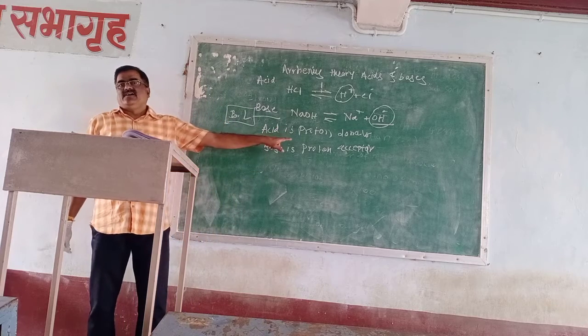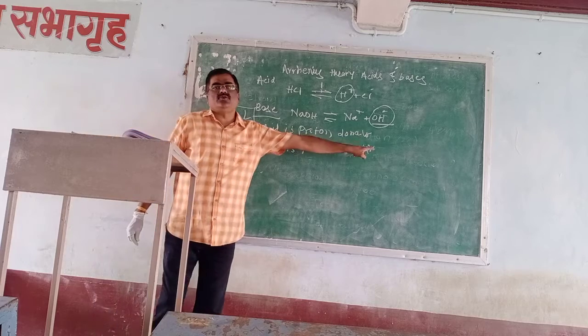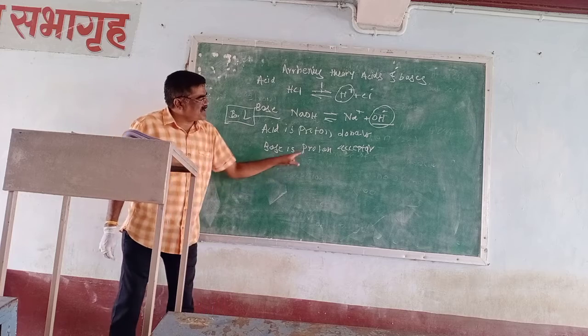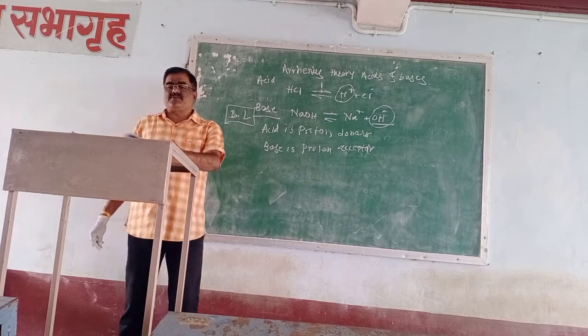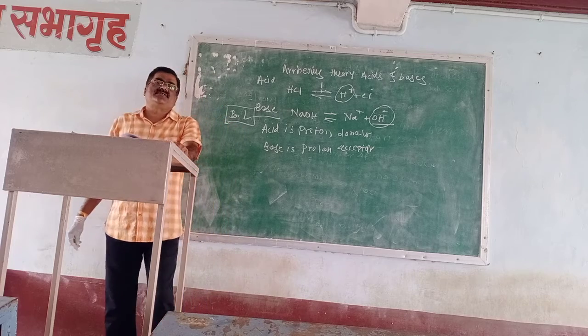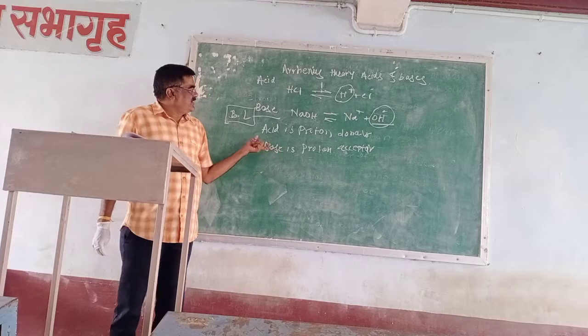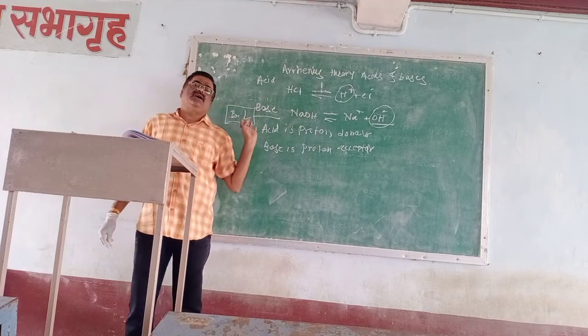Acid is a substance which is the proton donor to another, and base is a proton acceptor. Base is a substance that accepts the proton from another substance, while acid is a substance which donates the proton to another substance.